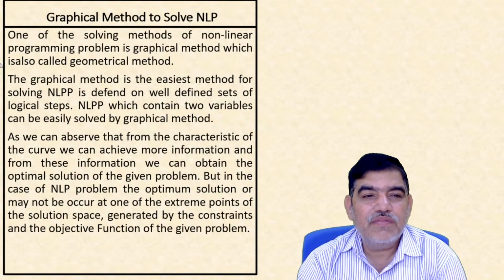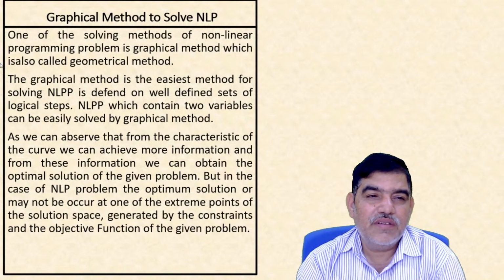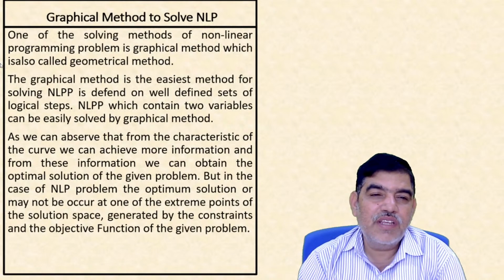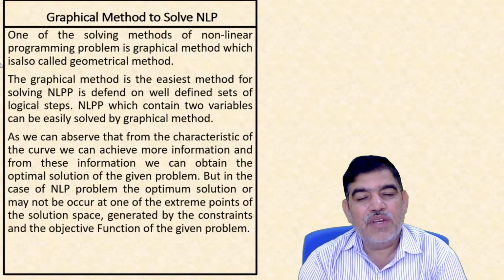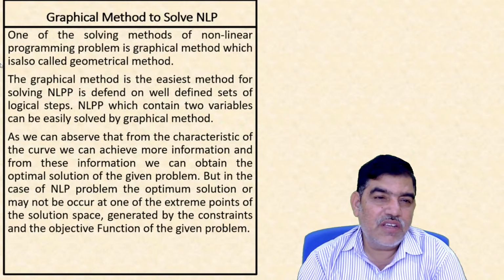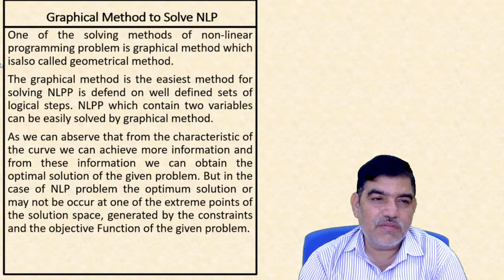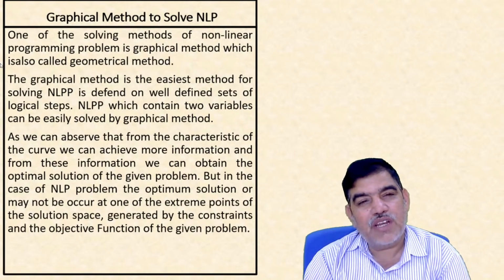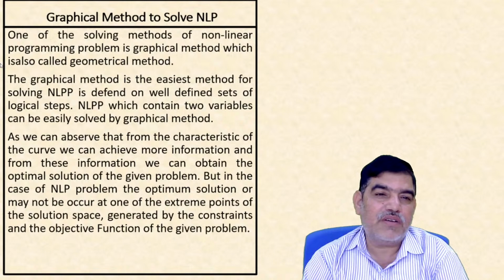As we know, a linear programming problem consists of an objective function of degree 1, and the constraint equations must have degree 1 with inequalities either less than or equal to or greater than or equal to, and the non-negativity condition, that is the decision variables are greater than or equal to 0, always positive values. And as we know, you can solve an LPP by using the graphical method or the simplex method.